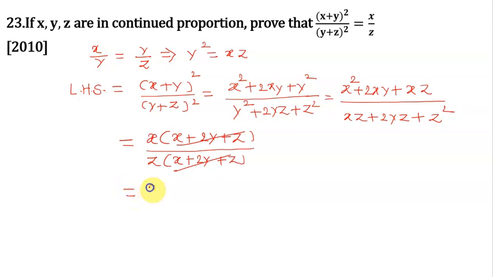And you are getting x upon z, and that is equal to RHS. And hence LHS is equal to RHS, and hence we have proved it. What is that? (x plus y) square upon (y plus z) square is equal to x upon z. Very easy example.